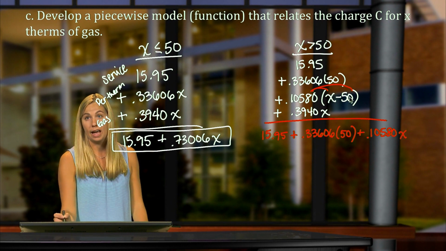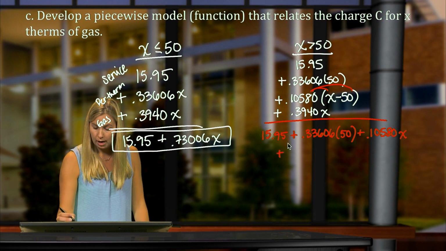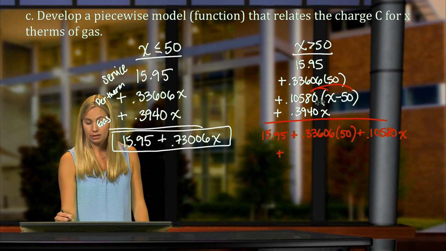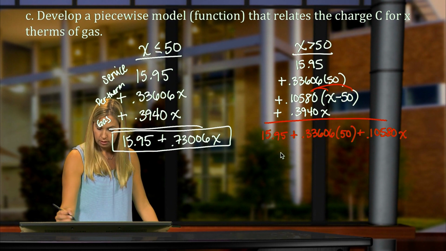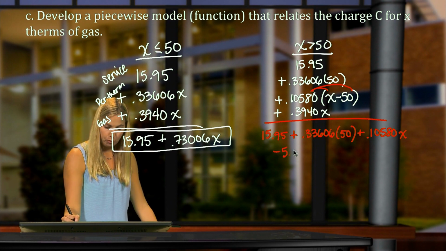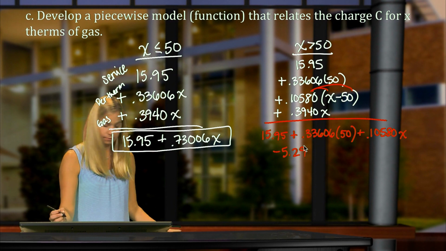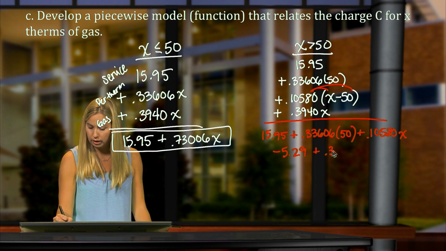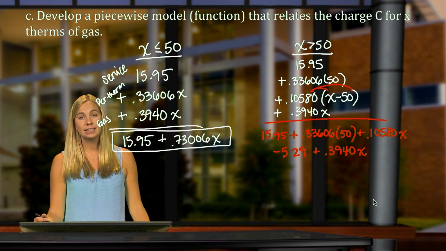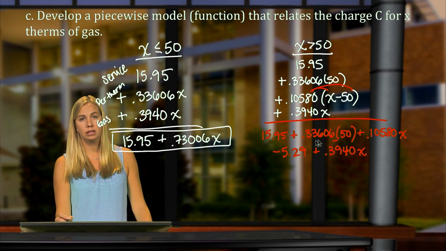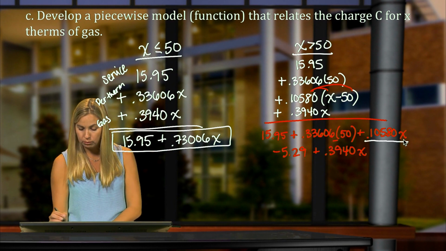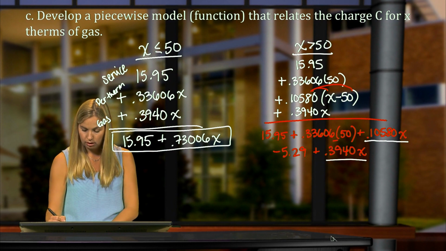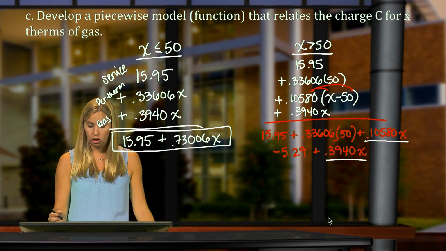Now I'm distributing that. When I distribute the 0.10580 times negative 50, we get negative 5.29 plus the 0.3940x. So take a second here, go ahead and multiply out this value, and then I want you to combine like terms. Notice we have a like term here and here, and then all of our constants are like terms.